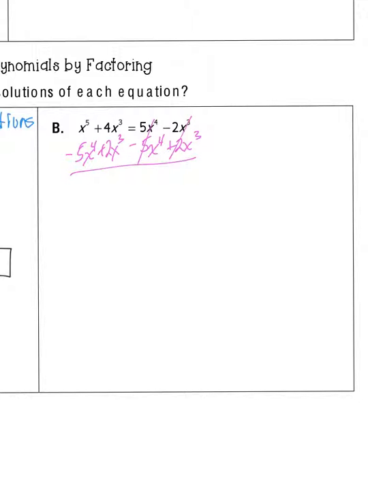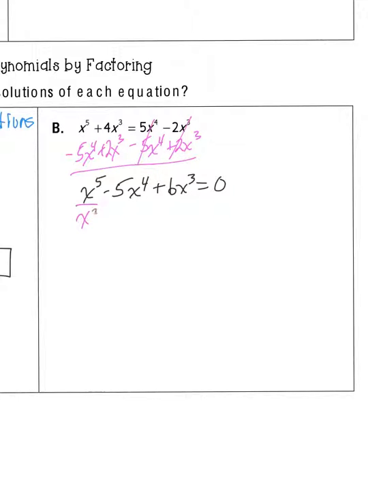And so these are going to cancel over here. And I'm going to write my terms in descending order. So x to the 5th minus the 5x to the 4th. And then these are going to combine to give me 6x cubed. And it's equal to 0. So now use your factoring techniques. All three of these have an x in common, and at most there are 3 x's in common.